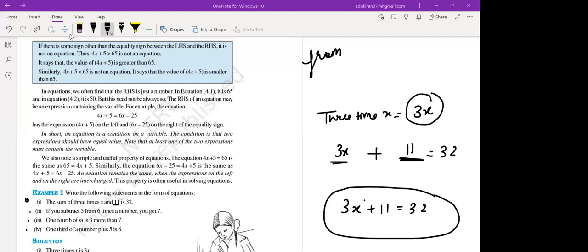Ma'am, I'm done. The third question is one-third of a number plus 5 is 8. They are telling that the answer is 8. This one, one-third of a number plus 5 is 8. So it is telling that 8 is the answer. Ma'am, done.